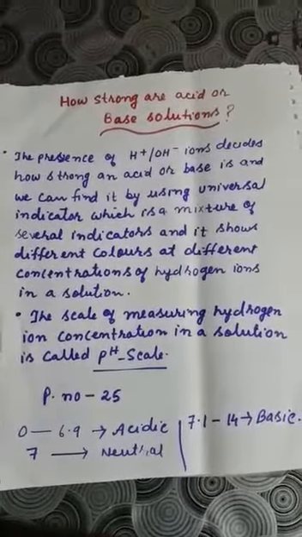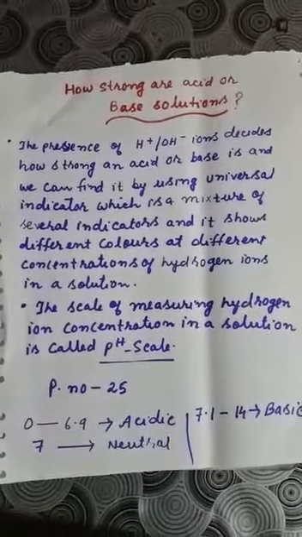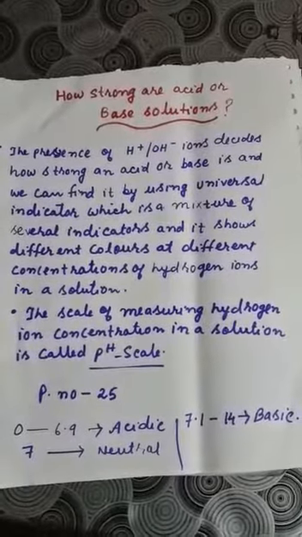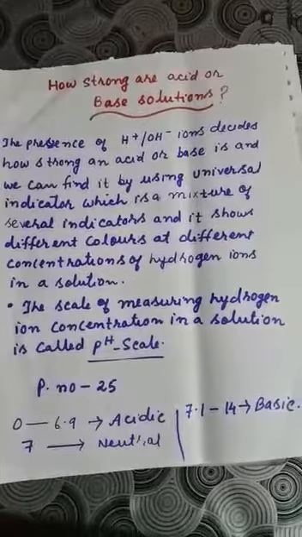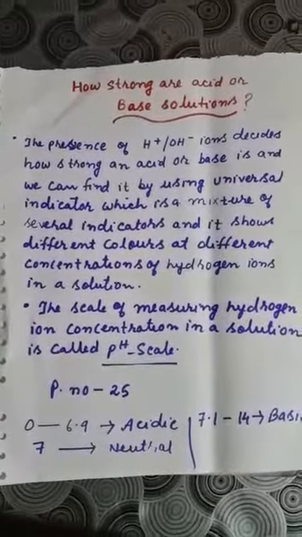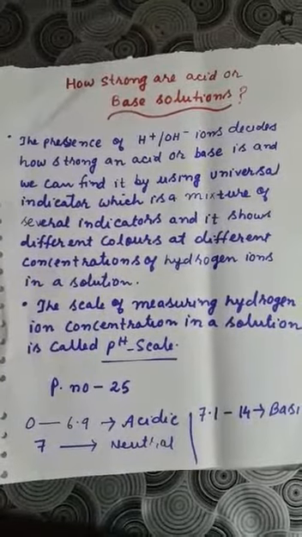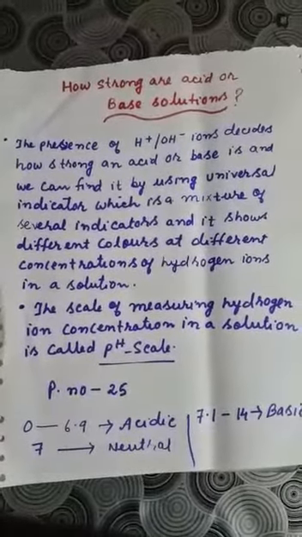Am I clear? Now how strong these acids or bases are can be determined. That means the amount of hydrogen or hydroxide ion present can be determined with the help of universal indicators. Universal indicator is a mixture of several indicators, and it shows different colors at different concentrations of hydrogen ions in a solution.